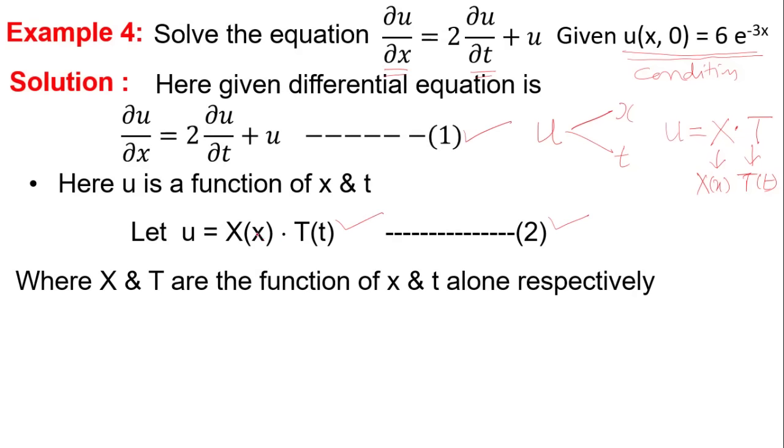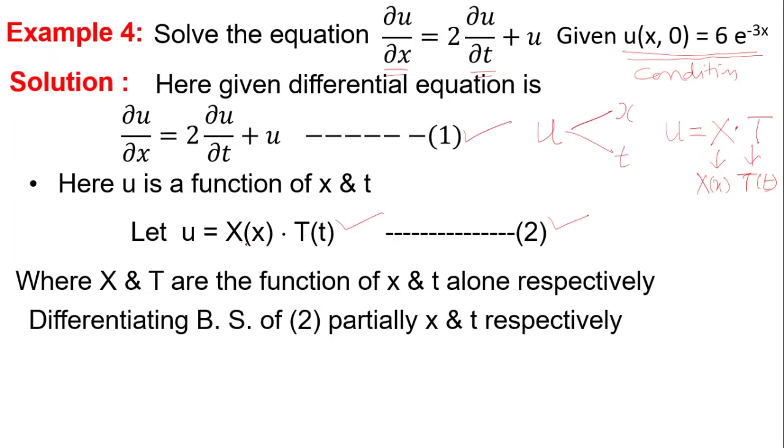Now differentiating equation 2 partially with respect to x, del u by del x is equal to X dash into T, and partially with respect to t, del u by del t is equal to what? X into T dash. So you will get X dash T when we differentiate partially with respect to x, and X T dash when we differentiate partially with respect to t.